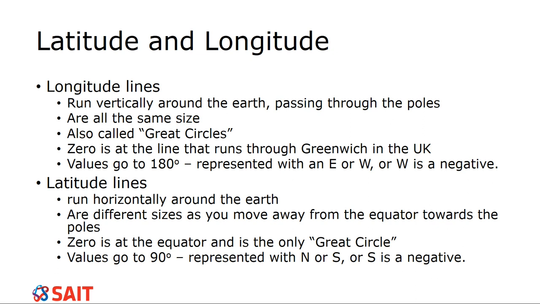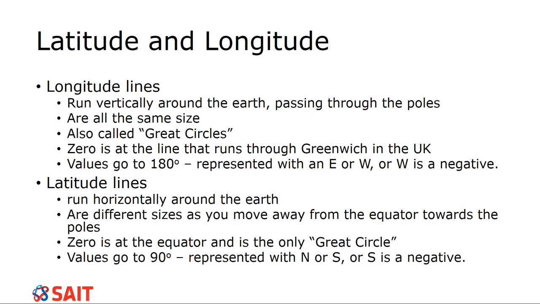Then you wrap all the way around, and you have the line of 180 degrees on the other side of the Earth. And that one we just represent as east or west. If you go west with lines of longitude, west can be represented as a negative rather than putting a W. So if you're looking at just numerical values in a software, you can represent west with a negative.